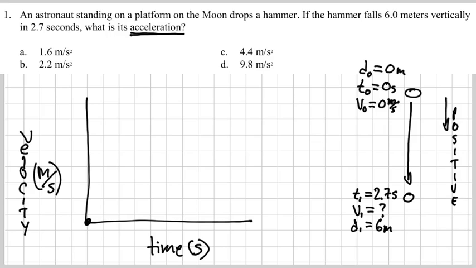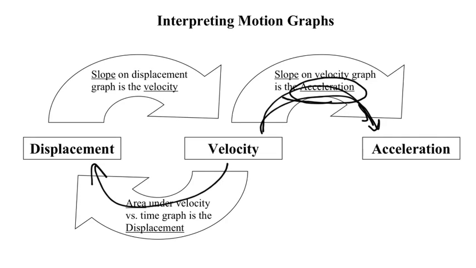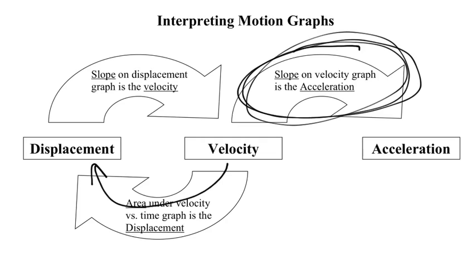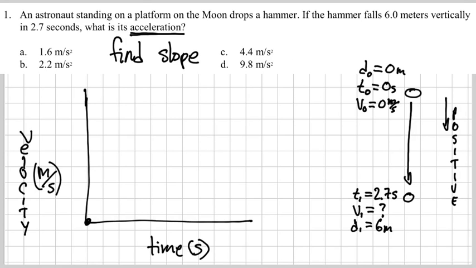Okay, so what information do we have that we can start to construct this velocity versus time graph? We know that we want to find the slope, because the slope is equal to the acceleration. The slope on the velocity versus time graph is the acceleration. So that's our total goal. At some time in the future, at 2.7 seconds, we will have some type of velocity.